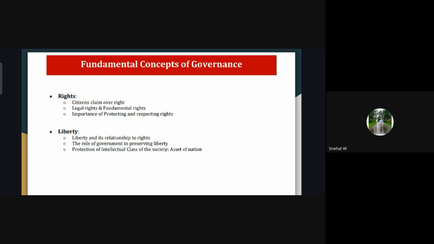Today you can see that India is reaching the moon and Mars and many more places in space. We are successfully launching hundreds and thousands of satellites every year. So what it shows is that we respected individuals' liberty, we respected freedom of expression, and because of that, we have an intellectual class amongst us.